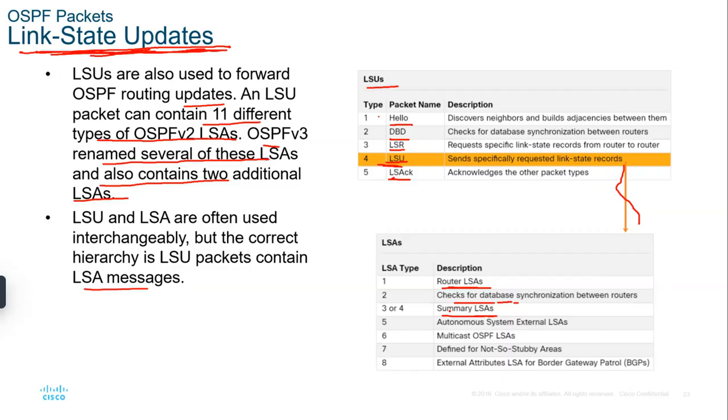Then we have one defined for not-so-stable areas, and then external attributes for border gateway protocol.